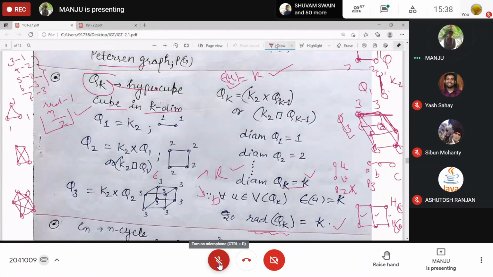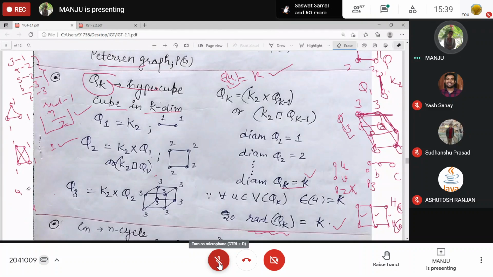And distance will be 1. 1, right? Every two vertices are adjacent, so you can directly go to any other vertex and length is 1, right? So always eccentricity in Kn is 1, diameter is 1, radius is 1. Is that clear? Everybody?